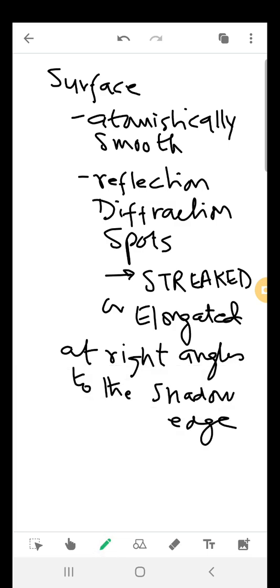So smoothness causes streaked and elongated patterns of the spots.